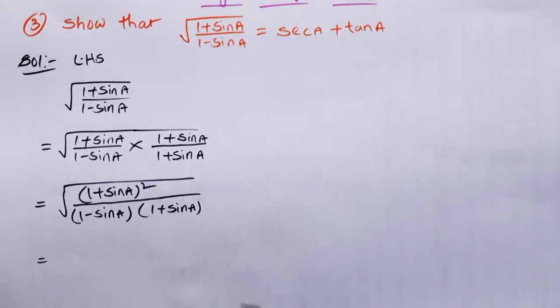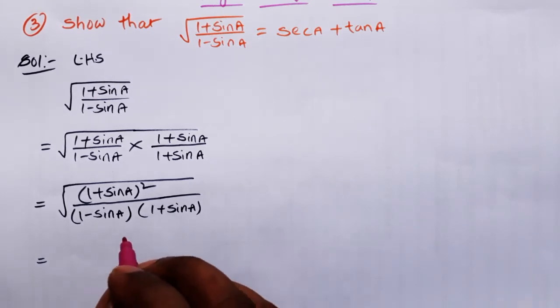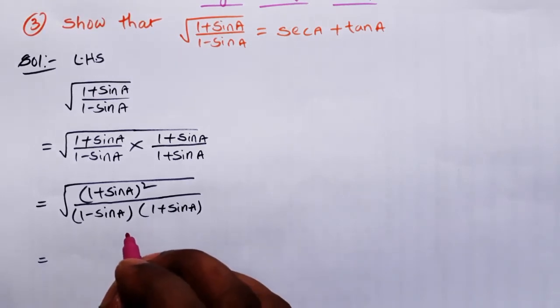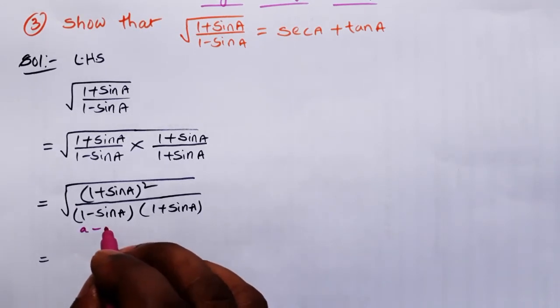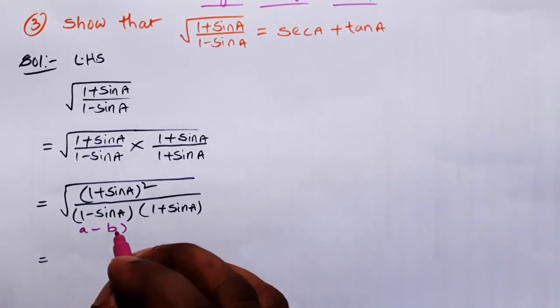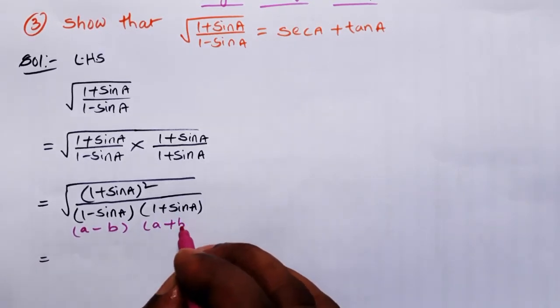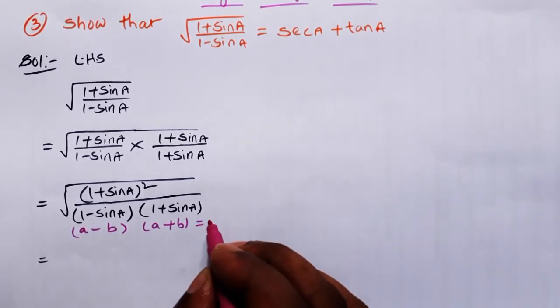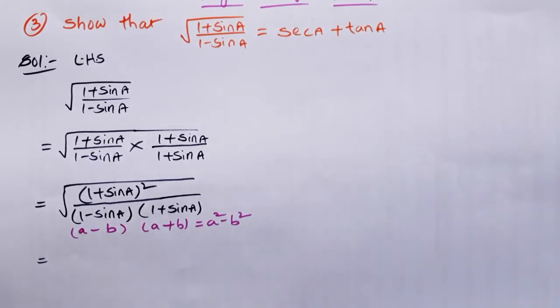So here we have a formula. For the denominator we need to apply the formula. Okay, so what is that formula? Observe this. This is A minus B, this is looking like A plus B. The answer is A square minus B square.